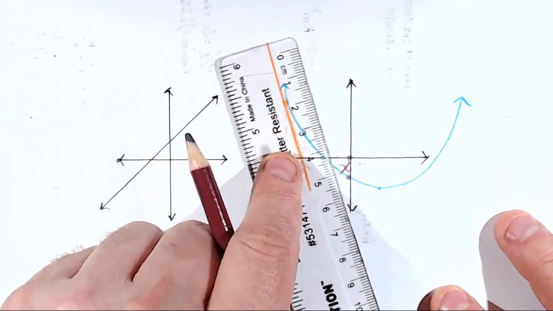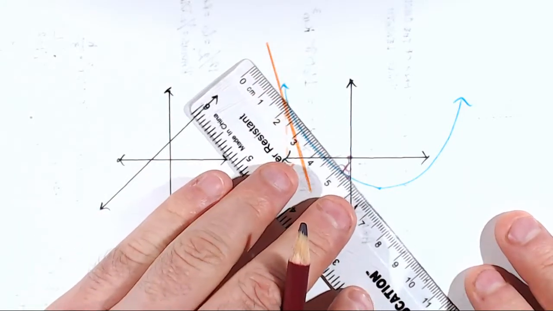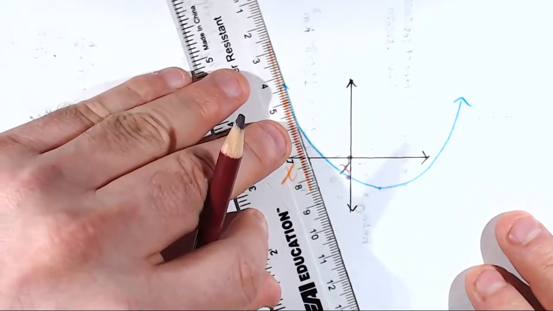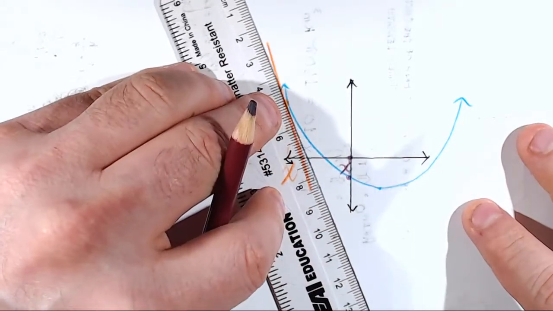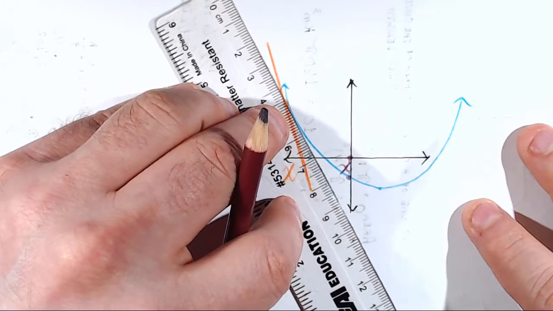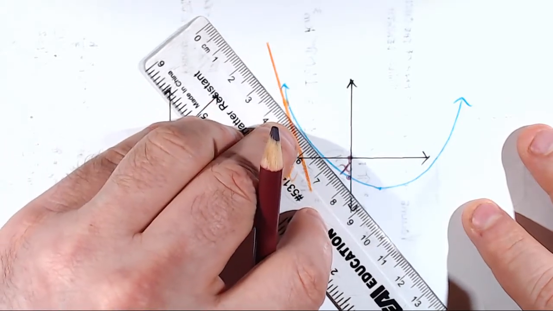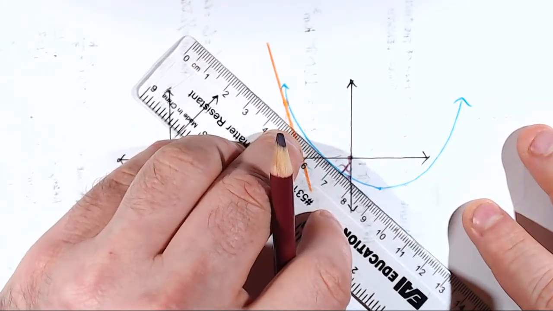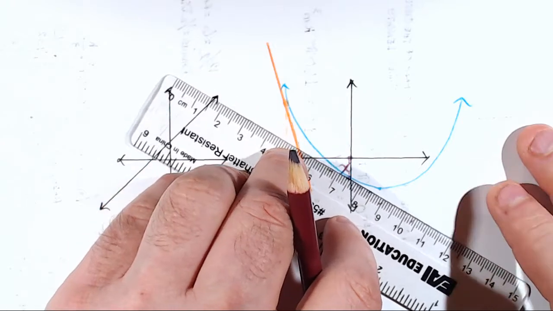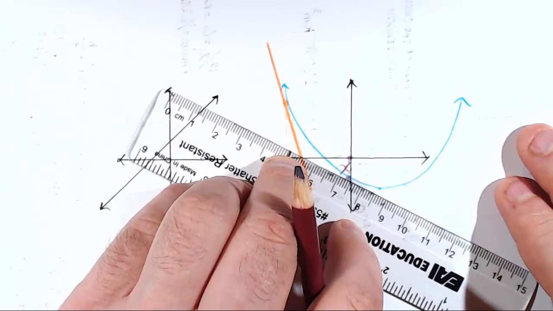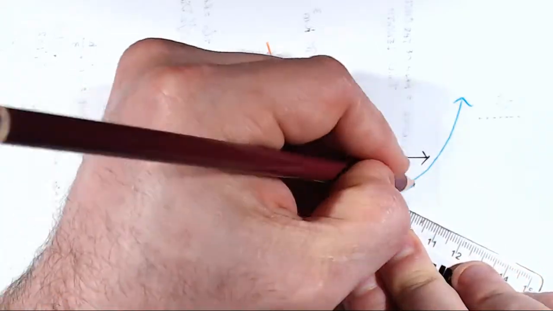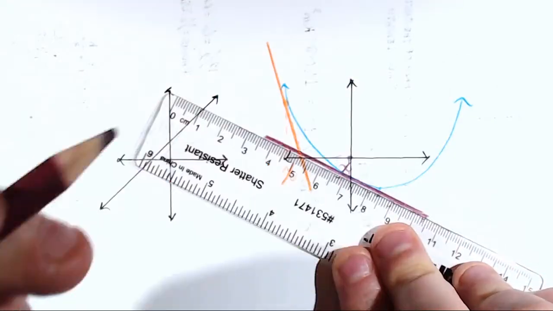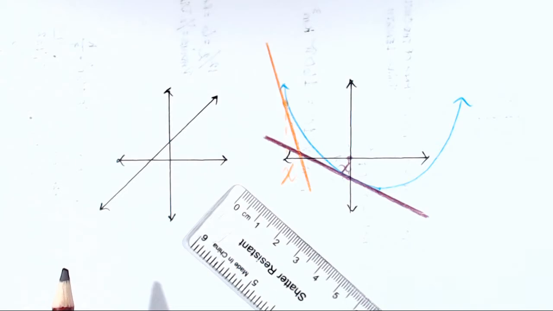You can't cut through the equation. As you move to the right and you keep your ruler underneath this function, you have to turn it. So do you see the slope is getting less and less steep? Now I get here and my slope is still negative, but it's less steep. Do you see how I did that?